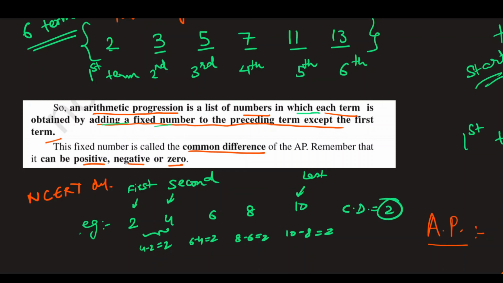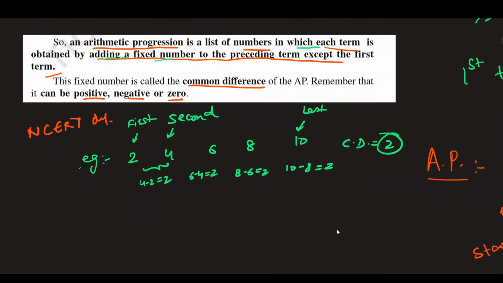Okay. Now the definition is saying that we can calculate the second term with the first term and the common difference. How? They are saying that 4 is equal to 2 plus 2.